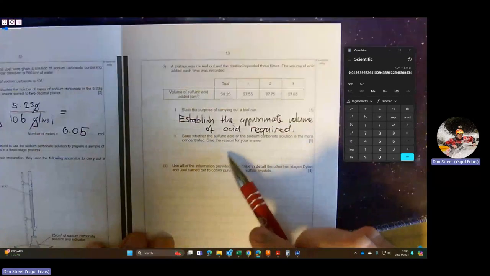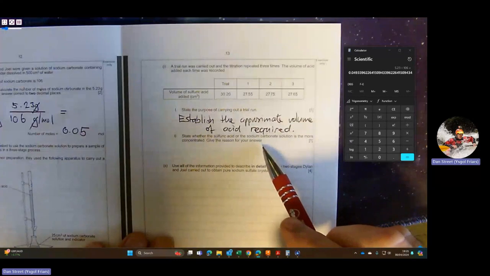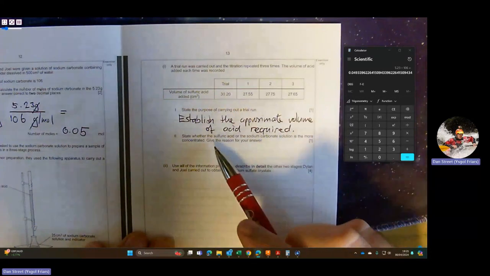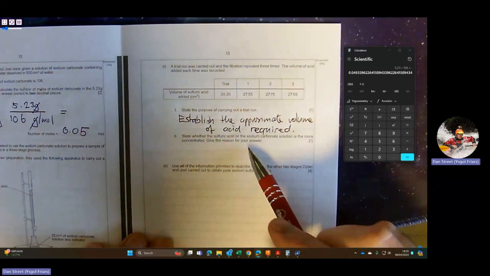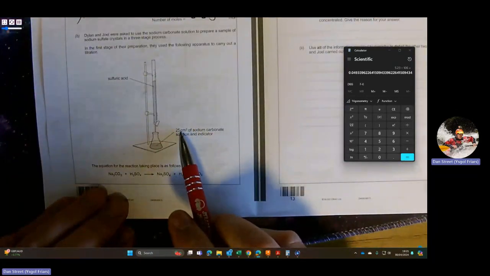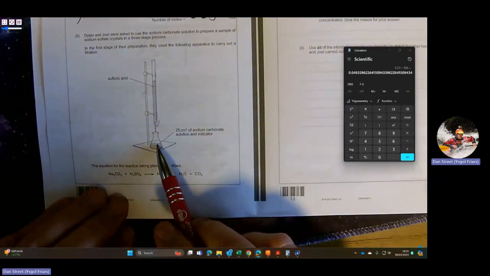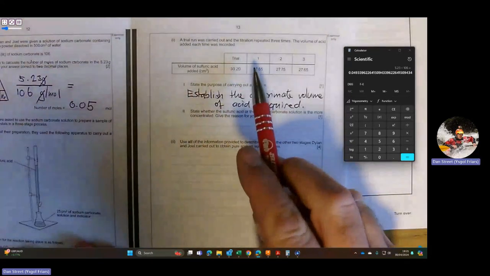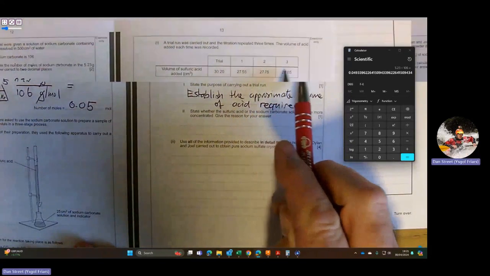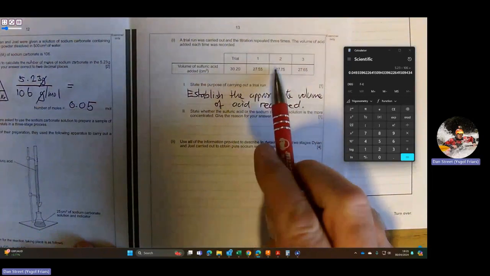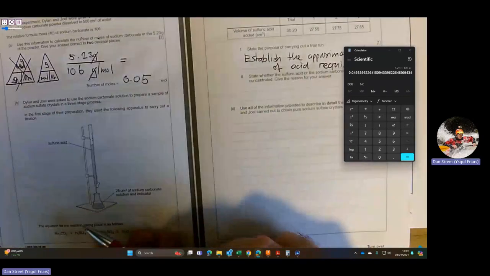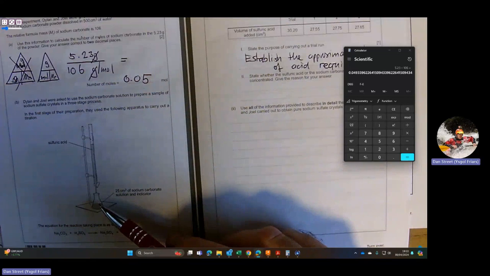State whether the sulfuric acid or the sodium carbonate solution is the more concentrated. Give the reasons for your answer. If we have a look at the volume of sodium carbonate solution used each time, every time we start with 25, and then we look at the volumes of the acid, we can see that we need more acid to neutralize the sodium carbonate than sodium carbonate.